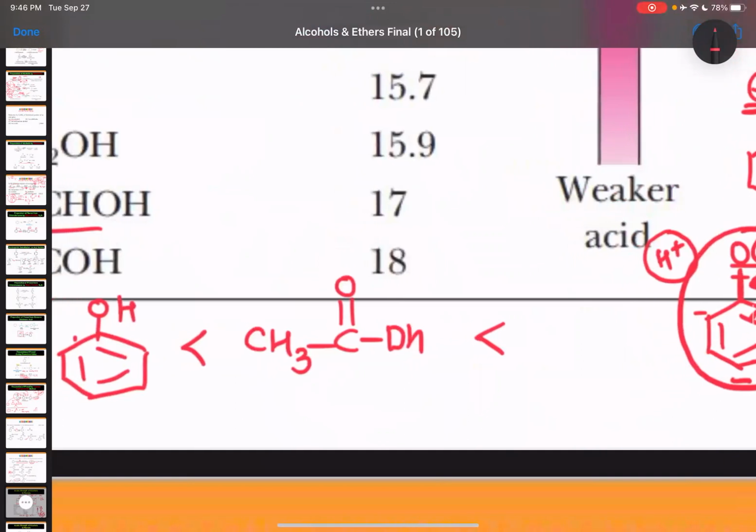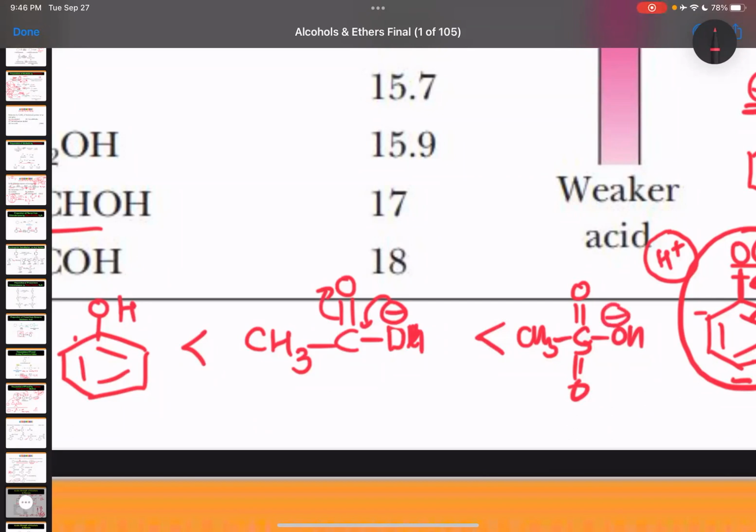Carboxylic acids are more acidic and sulfonic acids are further more acidic. What is the reason? In carboxylic acid also, the minus will come after the removal of H plus, and this minus will undergo resonance and get distributed on two oxygen atoms.